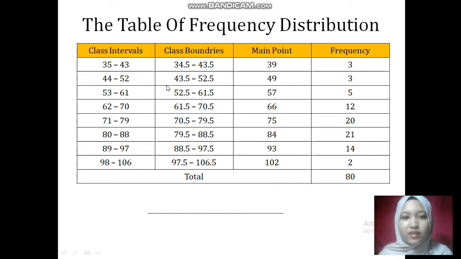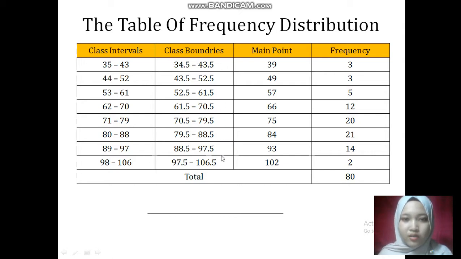The next column is class boundaries. So what are class boundaries from? On the left side, it is the left value minus 0.5. For example, 35 minus 0.5 equals 34.5, right?